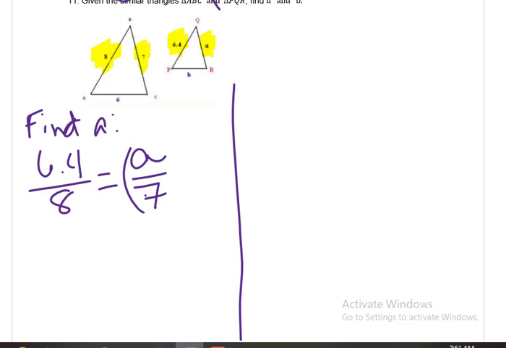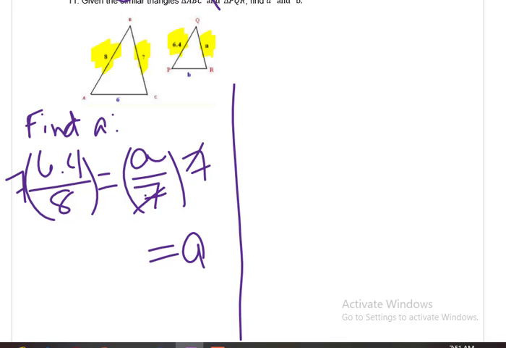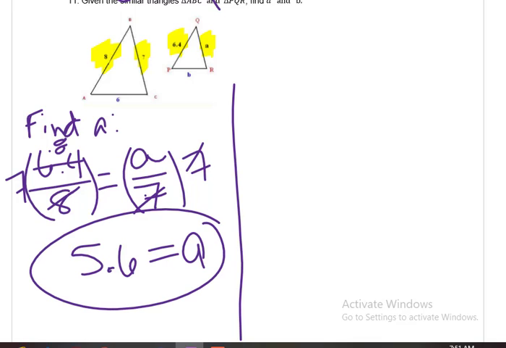To solve this, I'm going to multiply both sides by 7. They cancel. I see that a is equal to, well, 8 goes into 6.4. That would be 0.8. I'd have to keep my decimal. And then we end up with a being 5.6. Take your time to simplify the fraction, but we get a is equal to 5.6.